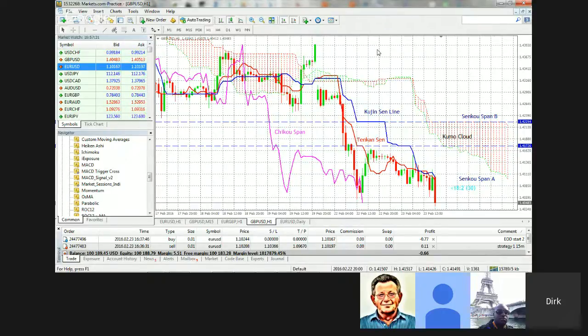Now let's look at how we are going to assess these entry signals using the rest of the cloud, to see whether it is a strong buy signal or a weak buy signal or vice versa. For something like a Kijun break, this is a buy signal, but where is price situated at this point in time?